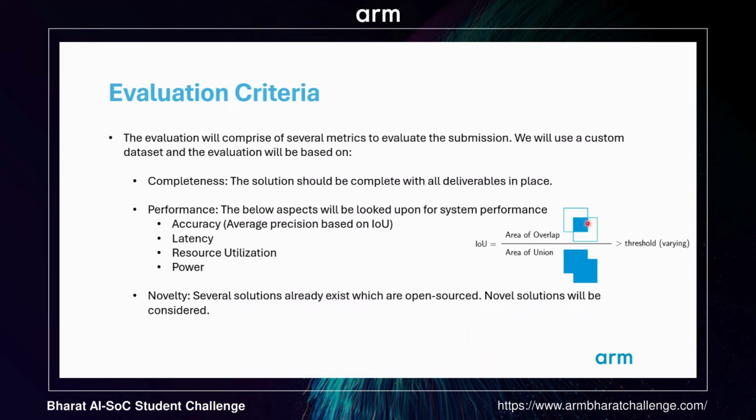The IOU is expected to be higher than a predefined threshold. Needless to mention that there are certain solutions which are already existing and are open source. Novelty is a key aspect, and the solutions which are novel in terms of architecture and the solution proposed will be considered.